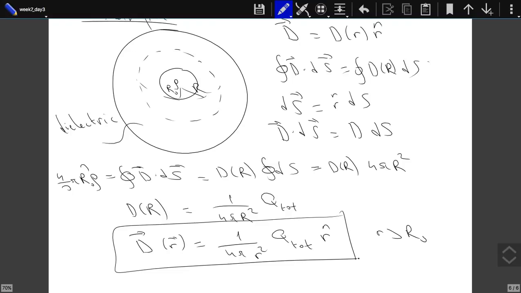Again, it doesn't help that much because what we are actually interested in most of the time is the electric field. We don't really know the relation between the electric field and the displacement field yet.